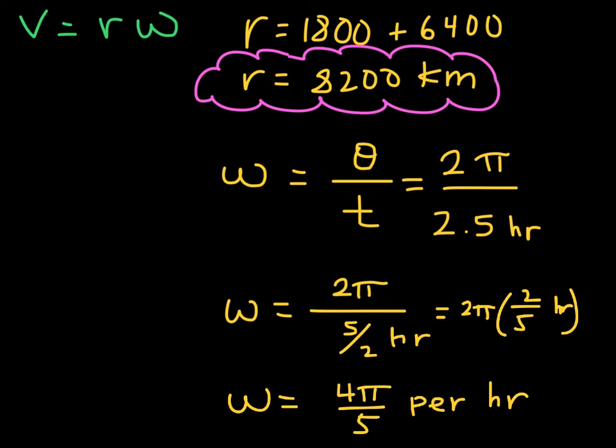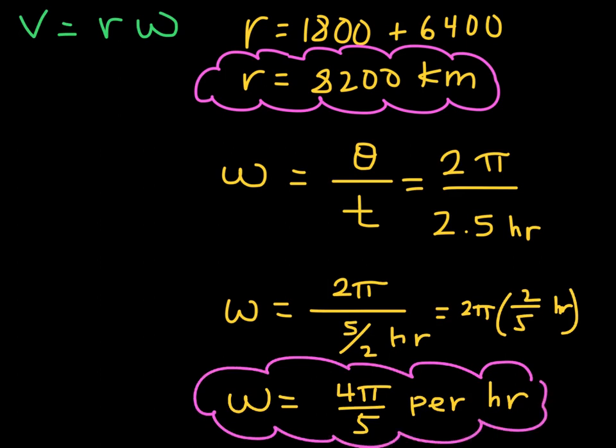Now that I know my angular speed and my radius, I'll take these two quantities and plug them into this formula to find my linear speed. All right, so here we go. V, the linear speed, is the radius times the angular speed.